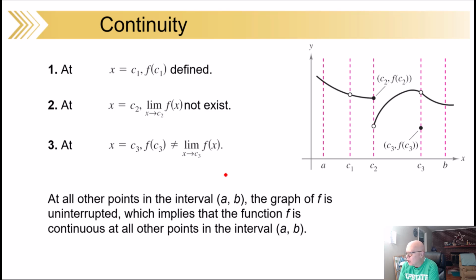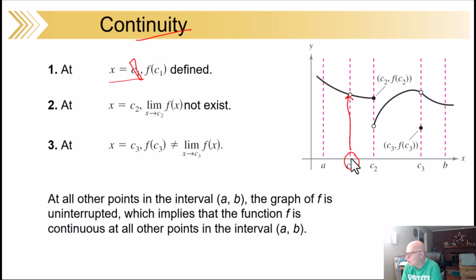So if we look at that picture that I've reproduced on the right, you can see that, first of all, at C1, remember C1 is over here, so graph-wise we're talking about up here. It's defined. That means that to be continuous, it's going to have some function value at C1.